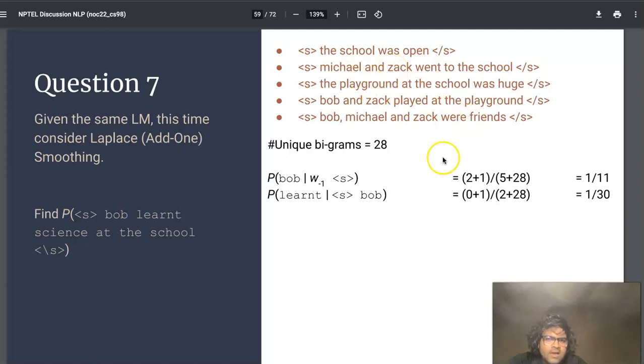So after S, Bob, then learned, you will not find anywhere. So basically the probability is 0. If we don't go with Laplace smoothing, the probability will be 0 by 2, which is 0. But now as we are going with Laplace smoothing, it will be 0 plus 1 over 2 plus 1. So this is the usefulness of such smoothing.